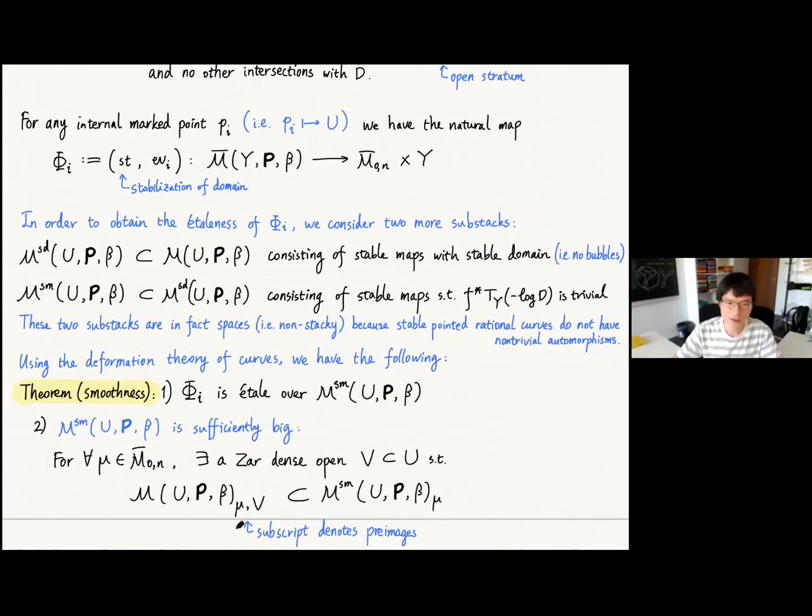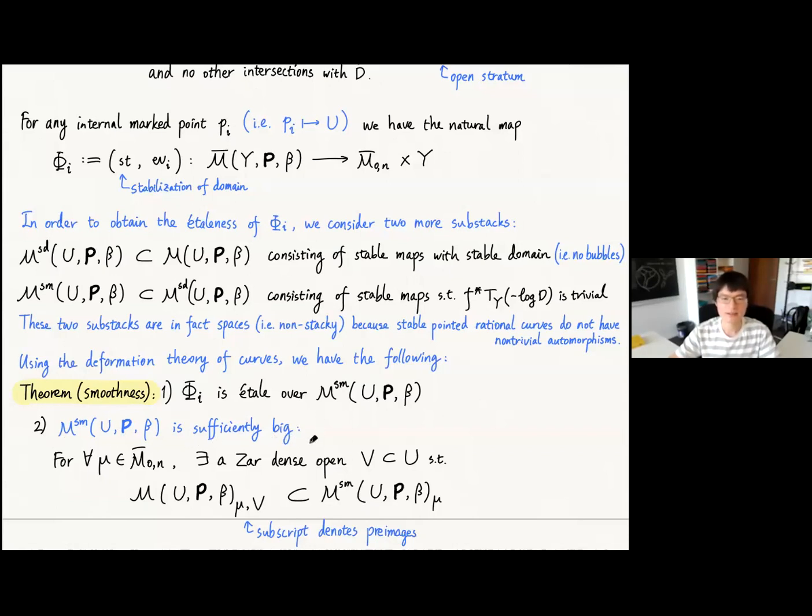So mu means that we consider the subspace consisting of stable maps whose domain has modulus mu, and V means that we consider the subspace of stable maps whose ith marked point maps to V. This second statement says that for any fixed domain modulus, as long as the ith marked point goes to a Zariski dense open subset V, then the stable map automatically lies in this smooth locus M smooth. So it says that M smooth is very big.